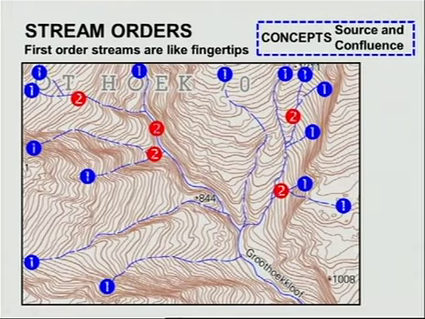Okay, what happens now? Where we've got the second order stream joining up with another second order stream, this is going to happen, okay? So we've got a third order stream there, all right? So what's happening now? Third order stream. If I've got 2 third order streams, this means the Groothoek River here, at that point, is a 4th order stream.